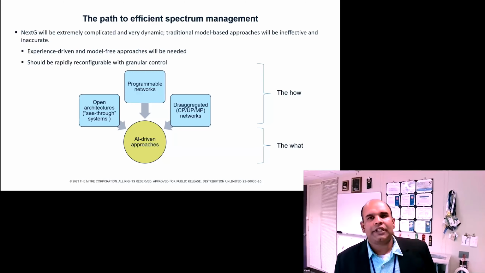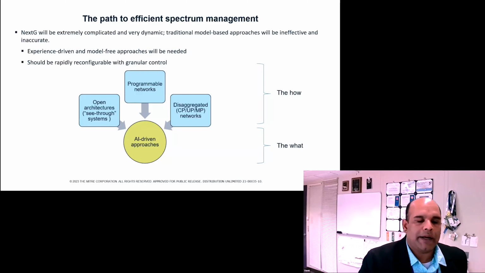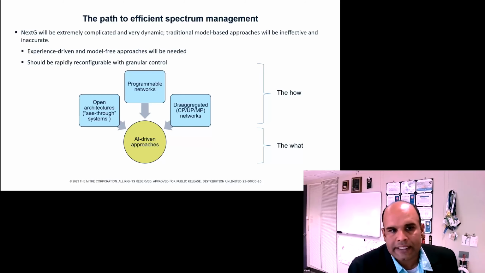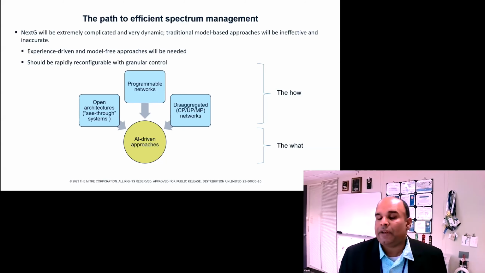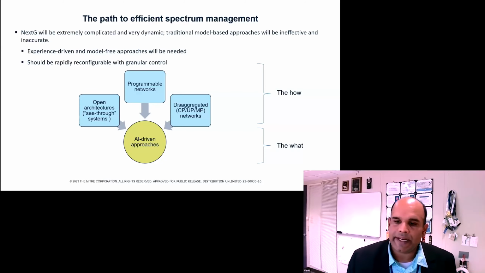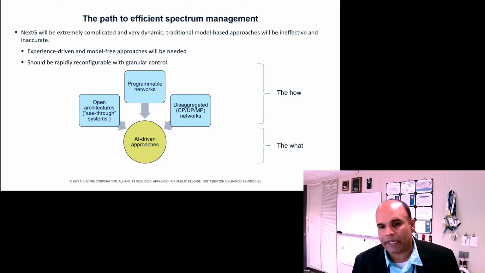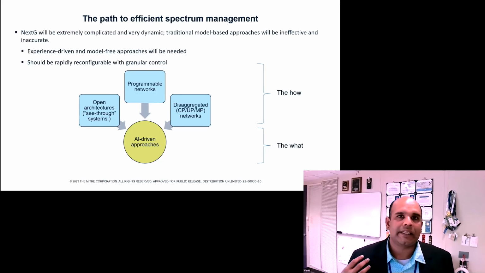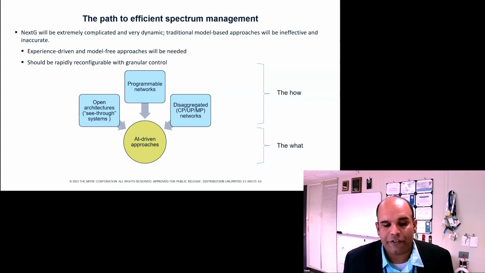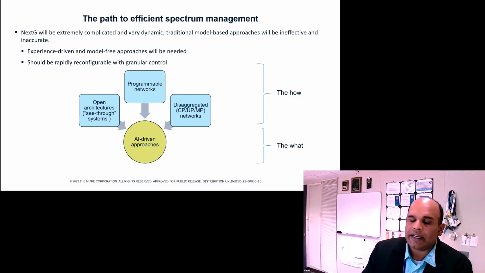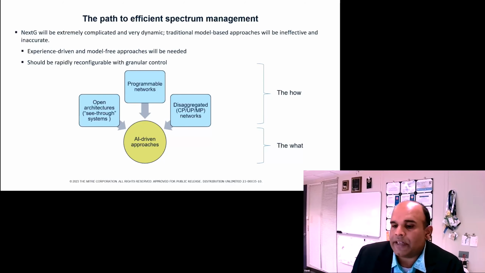So for the what question, I would like to point out that next generation systems will be very complicated, will be very dynamic in terms of the environment. It will have likely thousands of base stations and millions of users if you consider even a small region. And that complexity will make it much more difficult to model and predict and control.